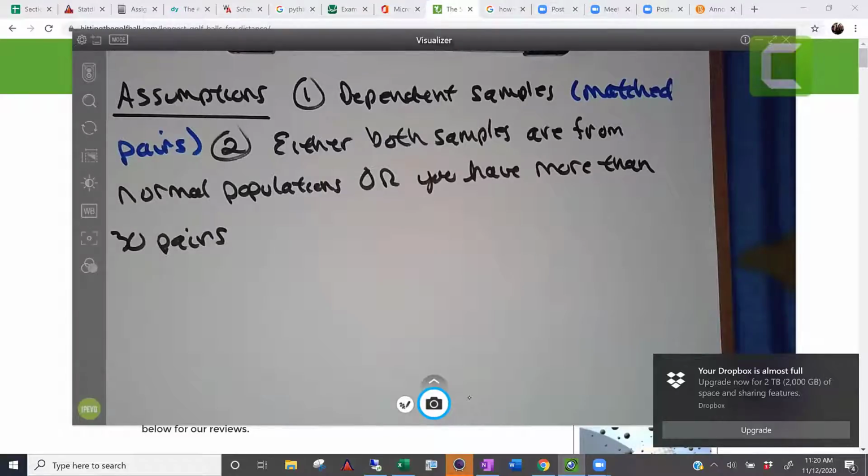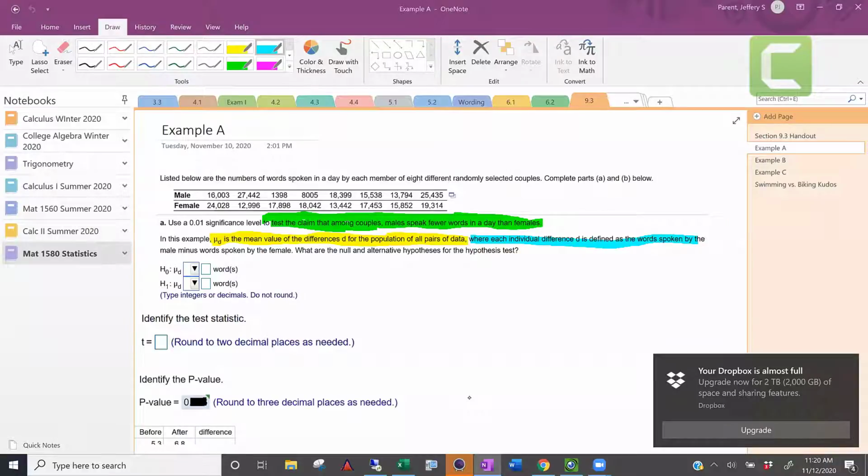I want to turn our attention to some of the examples. Can I switch screens? Yep. Thank you.